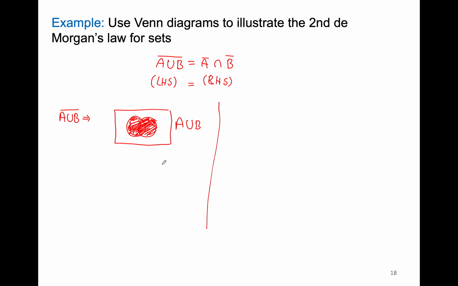Then we find the complement of this drawing. We know that complement means everything in the universal set except what we have in the set itself. So the complement of A union B will be this.